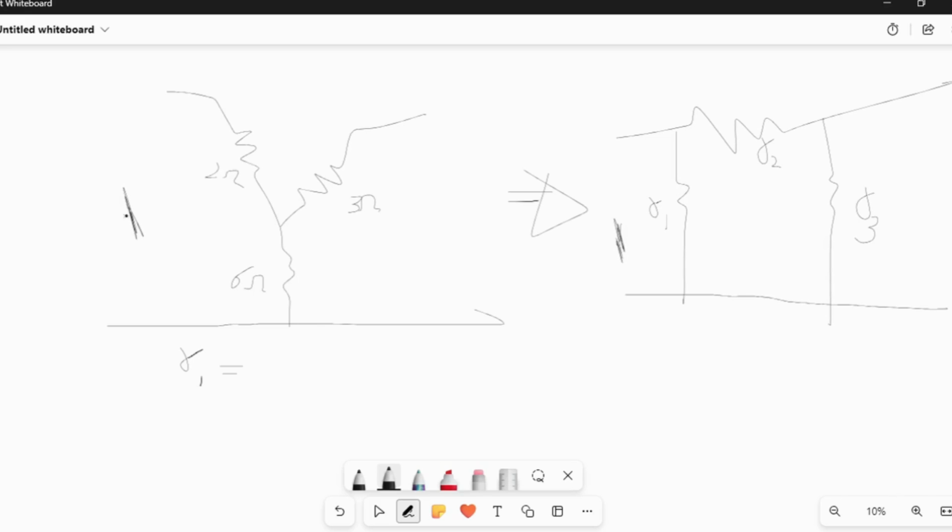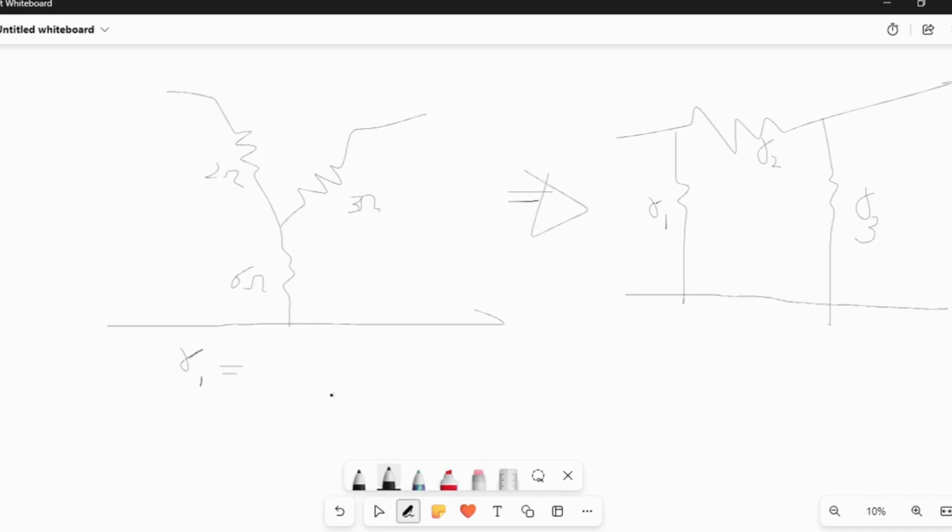Here 3 is the resistor. So what you have to do is take the sum of all the products of this resistor combination.